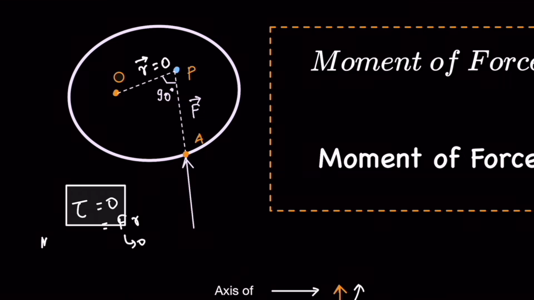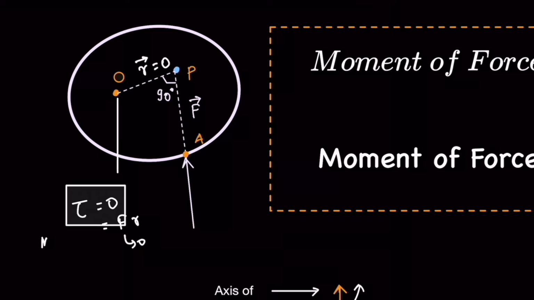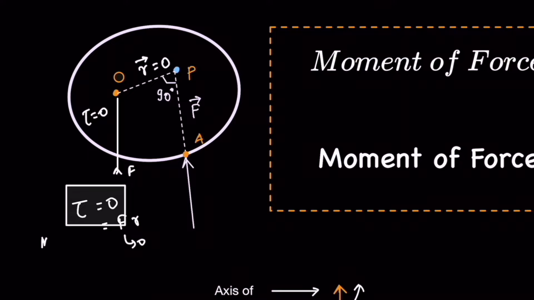R is 0 means the force is acting in this direction, on the axis. So in this case also the moment of force is 0. These are the two conditions where the moment of force could be 0: when force is 0 or when perpendicular distance is 0.